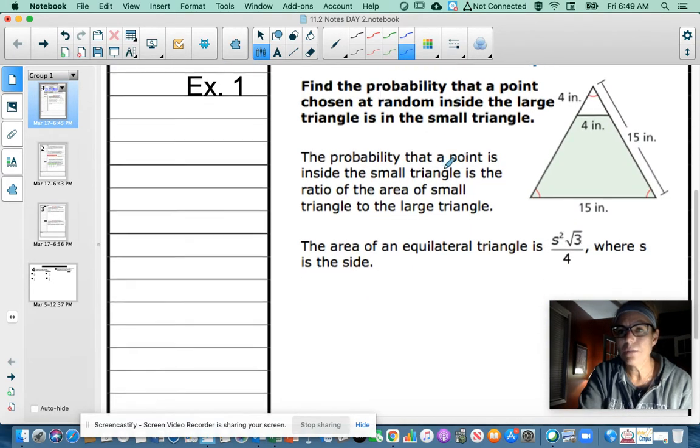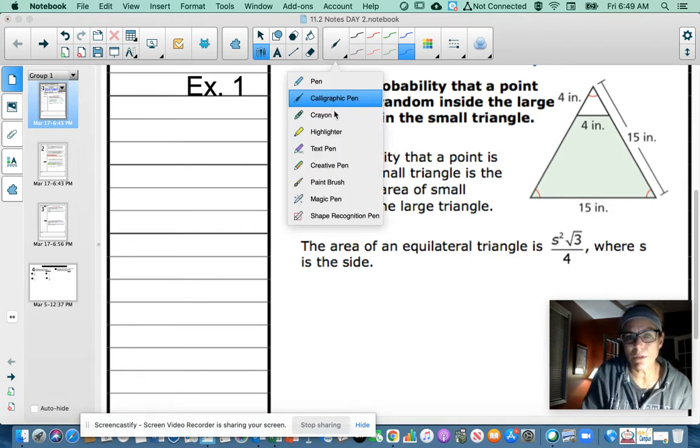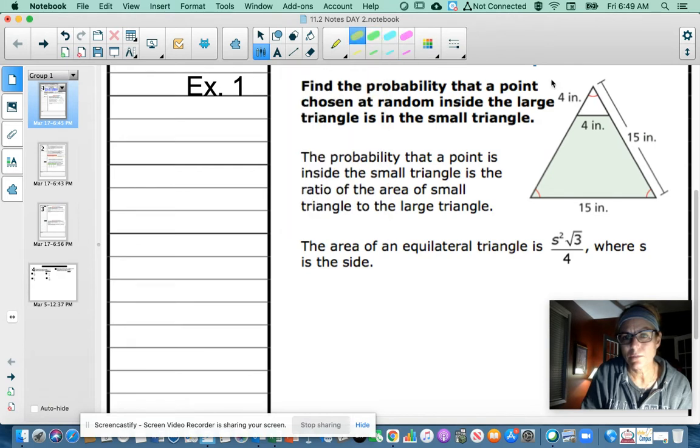Here's example 1. Find the probability that a point chosen at random inside the large triangle, so let's highlight what the large triangle is, is in the small triangle, which is right there.